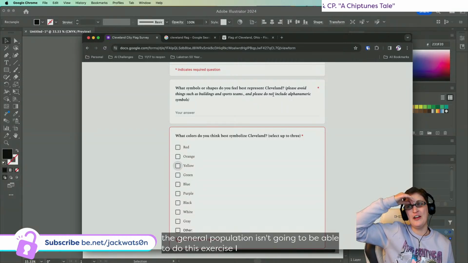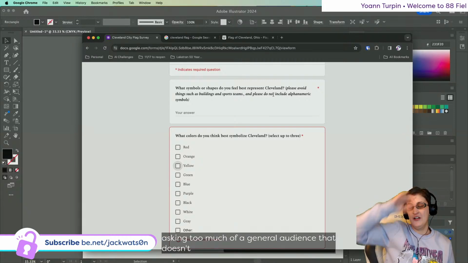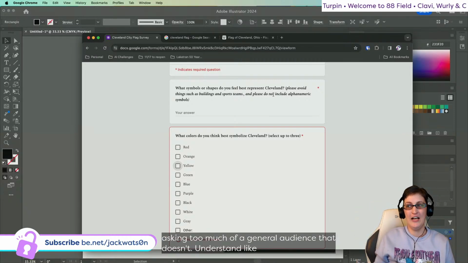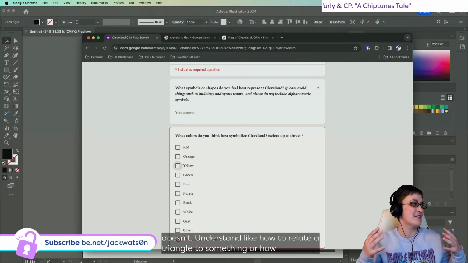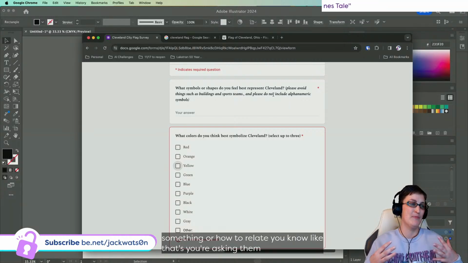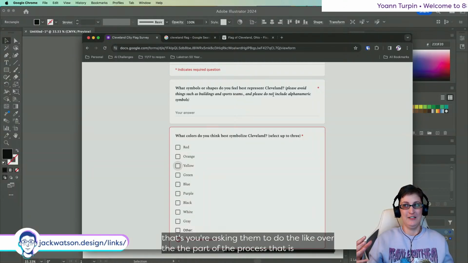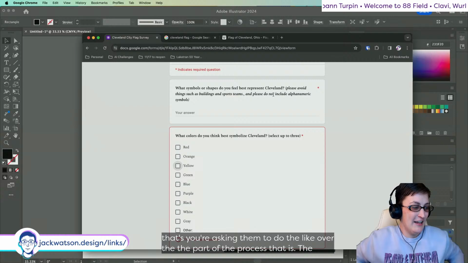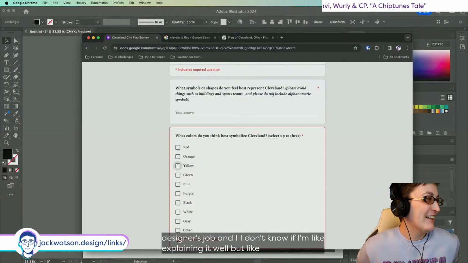I think it's asking too much of a general audience that doesn't understand how to relate a triangle to something. You're asking them to do the part of the process that is the designer's job. I don't know if I'm explaining it well, but you know what I mean?